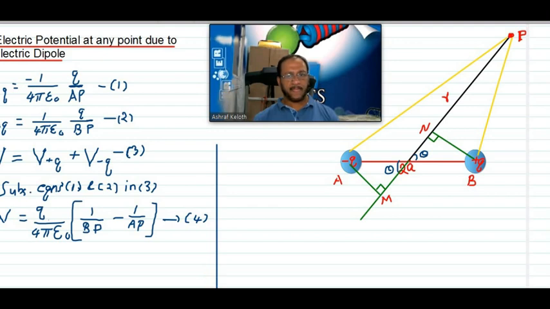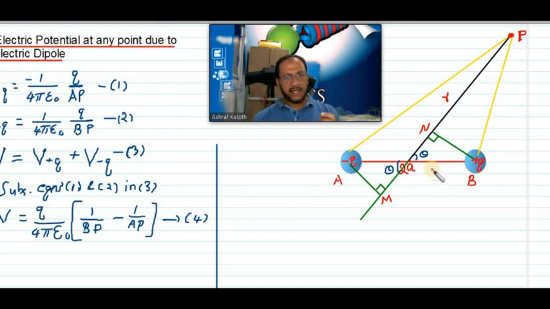Are they equal, sir? Because in a right triangle, the hypotenuse is greater than one of the sides, right? That I told in the beginning. Right now it is not equal, and it is for explaining to you. But in a practical situation, these two charges are close, and normally we apply these equations for an ideal dipole.